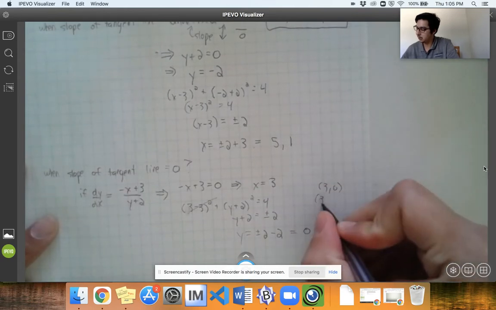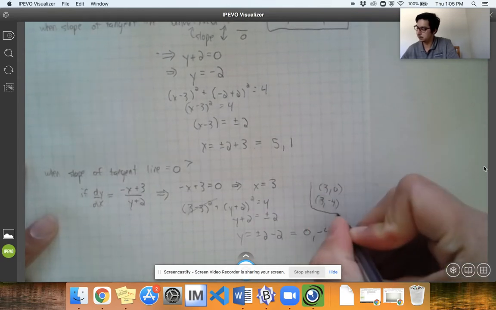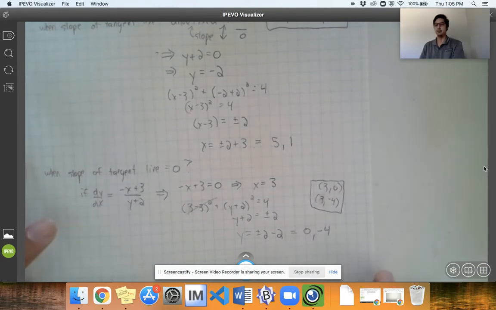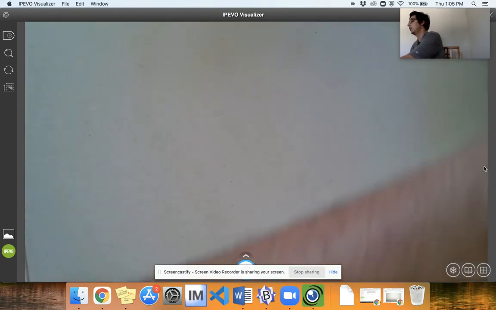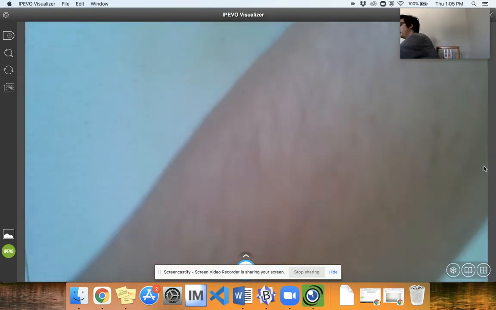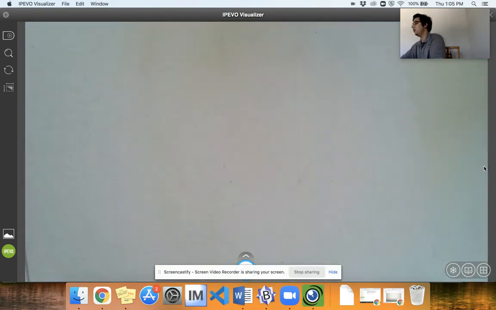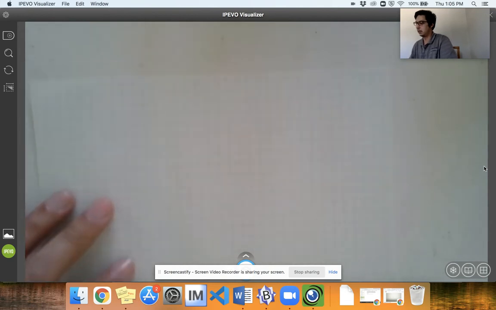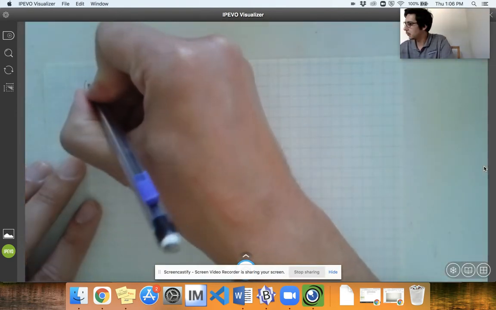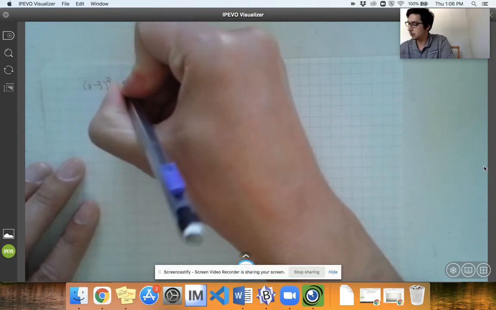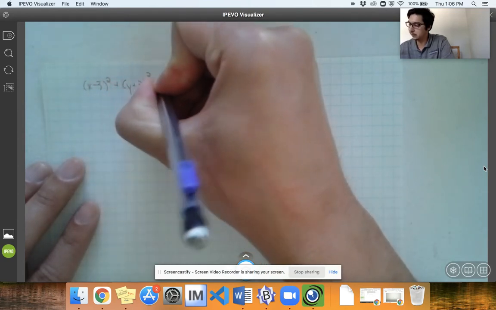Now, I want to go one step farther in this circle problem. Let us start a new paper, and let me just bring up the points. So we were talking about (x - 3)^2 + (y + 2)^2 = 4.